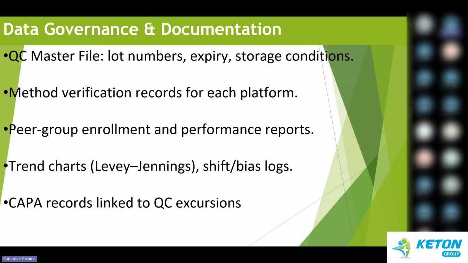Now, data governance and documentation, the things that you need to have as documentation, because remember in QC, what is not documented, of course, is not done. So it's a must that you have a QC master file where you have your lot numbers, your expiries, your storage conditions, everything talking about the procedures that are expected for that particular QC.